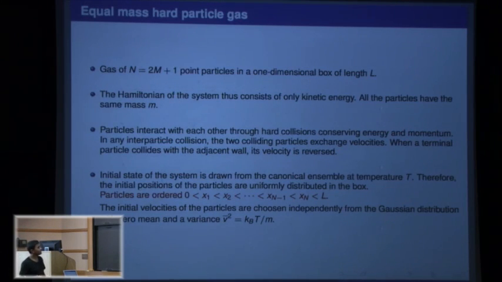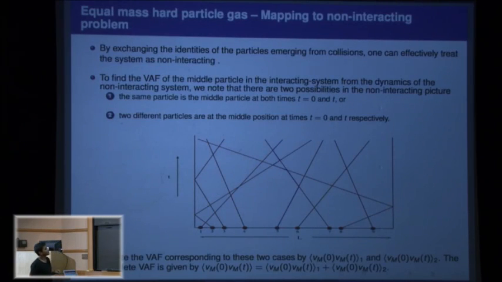Okay, and again the initial distribution is drawn from a canonical ensemble, which means that the positions are chosen uniformly, and so the particles are ordered in some way, and they maintain that order. And the initial velocities are chosen from a Gaussian distribution. Okay, so in this case, if you look at the space-time trajectories of the particles, then it looks like a gas of non-interacting particles.